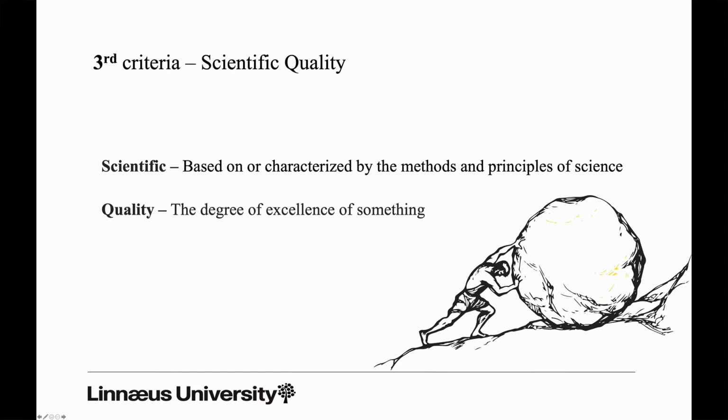There are some sort of guiding rules for science, how to develop new knowledge and how to work in these areas. And if you work according to these methods and under these principles, well, you can argue that your work is scientific. So developing some piece of software is not scientific. Even though there are some methods and principles, those methods and principles are not the methods and principles of science.